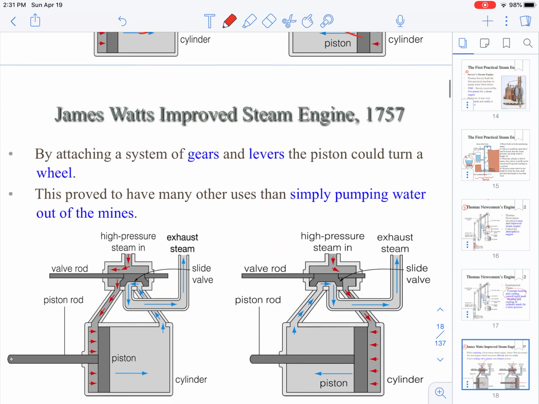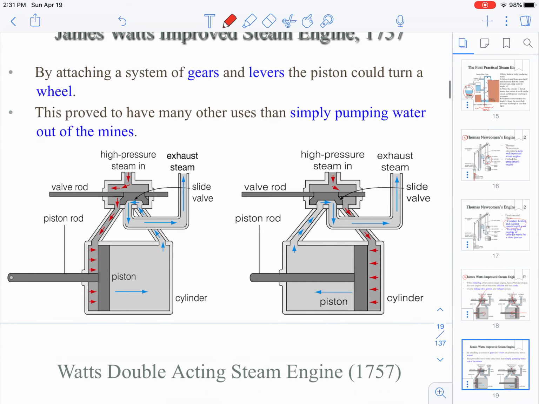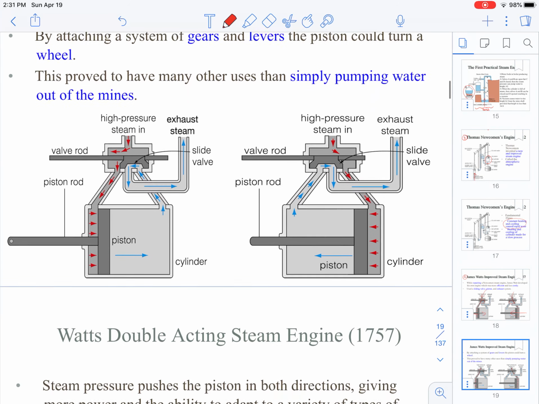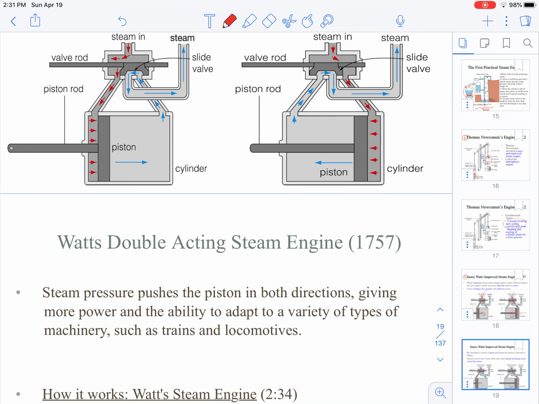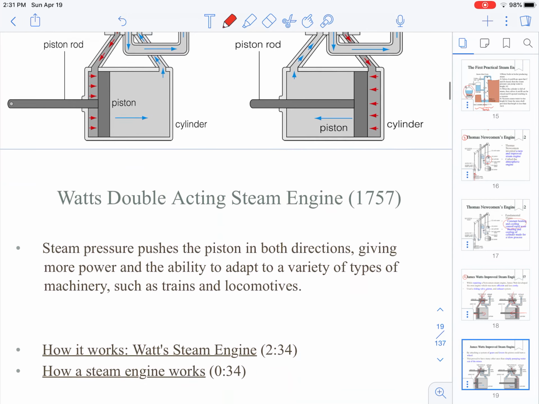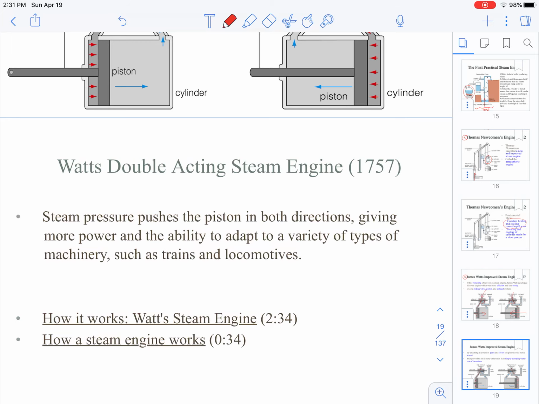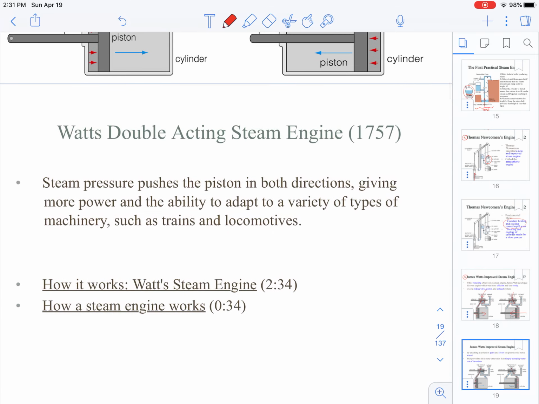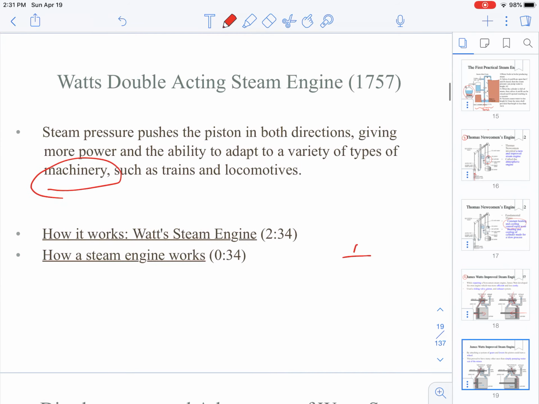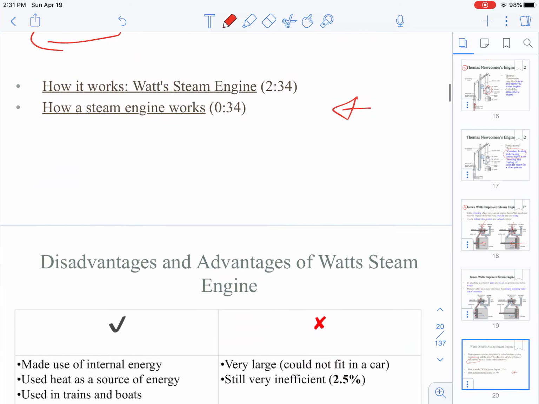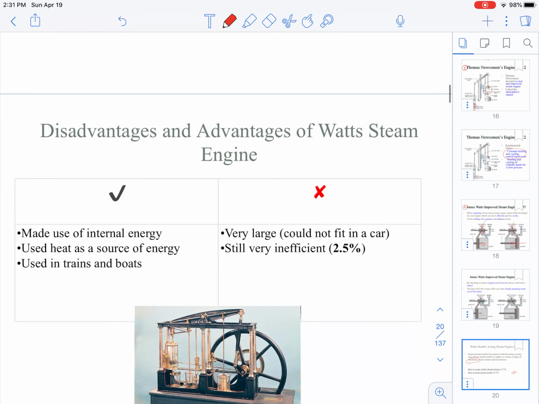So this piston system was able to turn a wheel. They were able to use it eventually in trains and in boats, and it was this steam engine invention that really was the leading invention towards the Industrial Revolution, because it was used in so much different machinery. You can take a look at these links for another closer look at that.